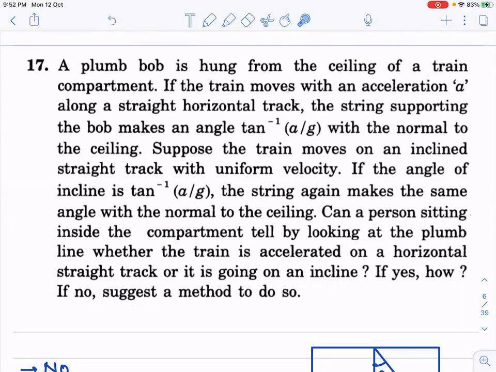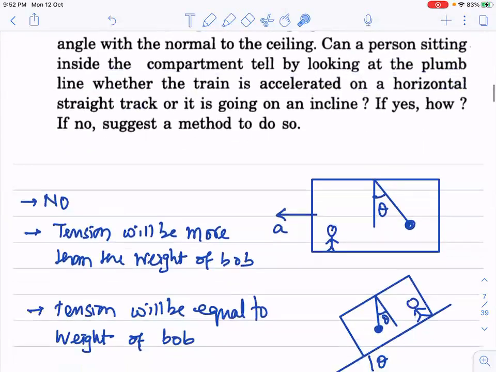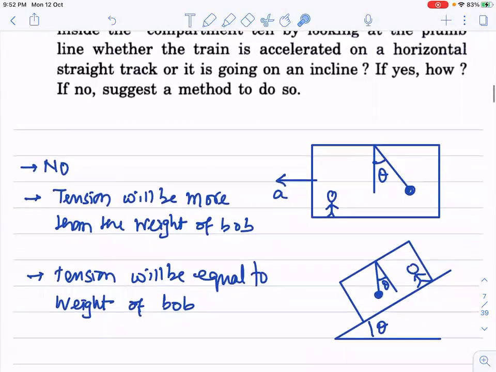So it is difficult for him to find out whether the train is really accelerating or going on the inclined plane with the constant speed, because in both the cases it will be inclined with the normal. But in the first case tension will be more. Okay, if a spring balance is used, you can say here pseudo force backward, and mg. The vector sum of these two forces will be tension.